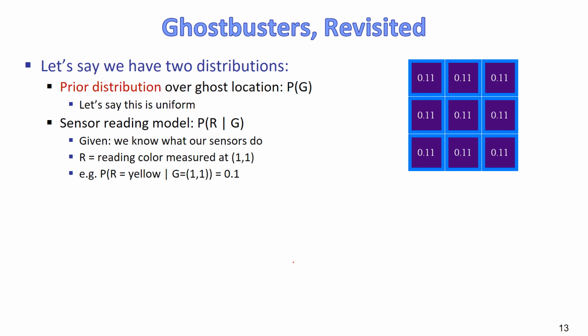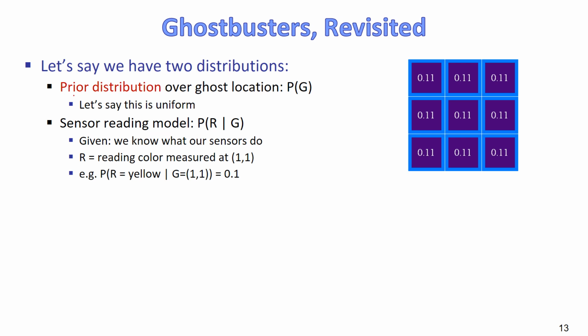So the probability of having the ghost in any of these cells is uniform. So if we have 9 cells here, then the probability would be 1 over 9, which is approximately 0.11. So this is the probability of having the ghost in any of these cells, given no evidence, given that we didn't know anything about the colors, about the sensors.